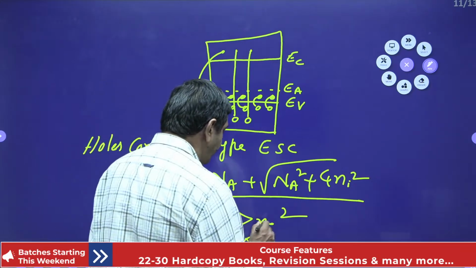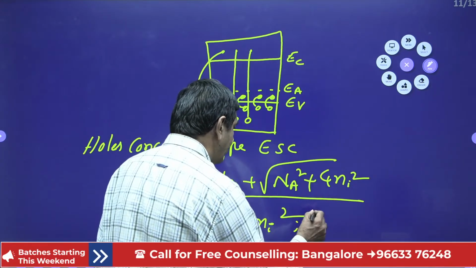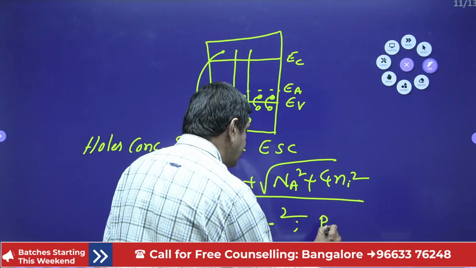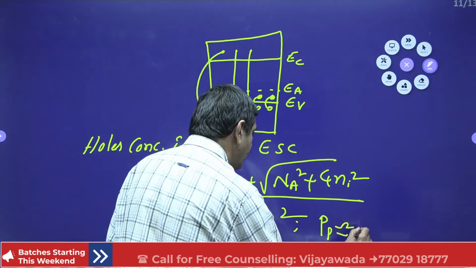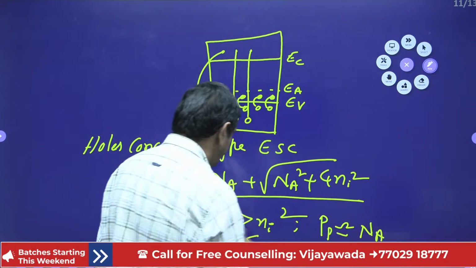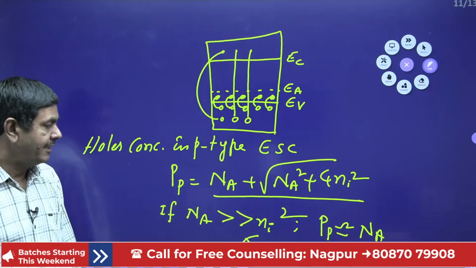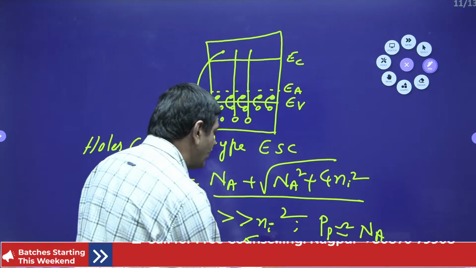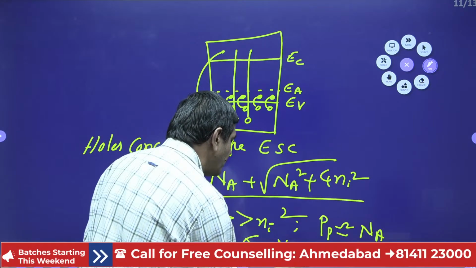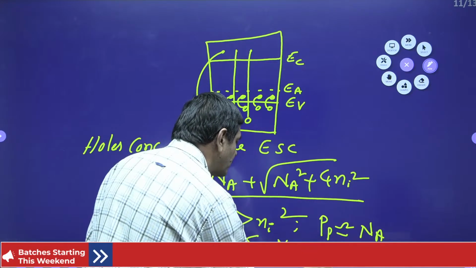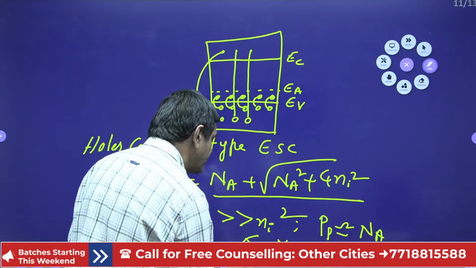If Na is far greater than Ni, the concentration of holes is approximately equal to Na, so we can write directly Pp is approximately equal to Na. The conductivity is calculated by Na into Q into mu P. By using this formula, you can calculate.